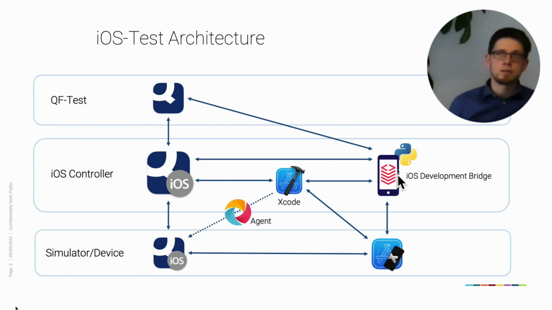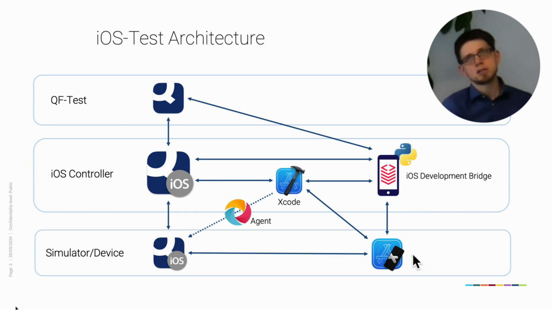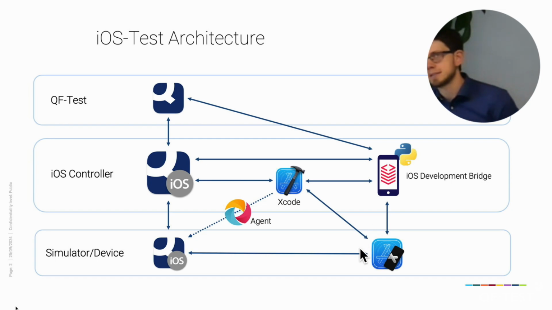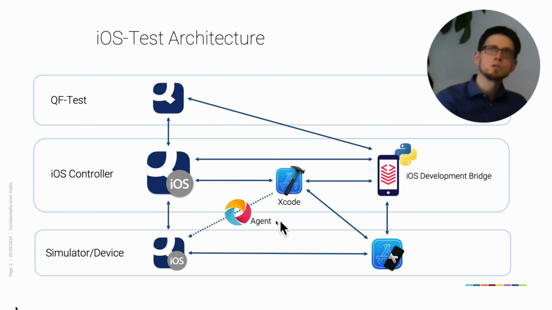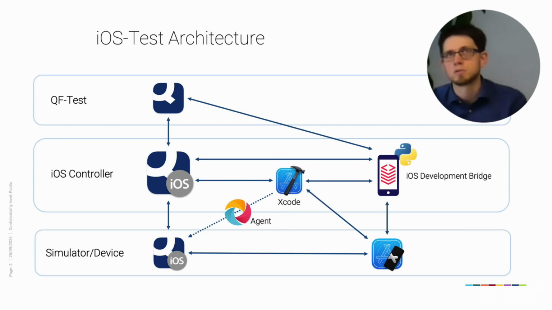For example, the Python-based iOS development bridge tool, which helps us to communicate with the device, install applications, query which devices, simulated or real devices, are available, etc. And for this, the iOS development bridge also contacts the Apple development tool, which is called Xcode.